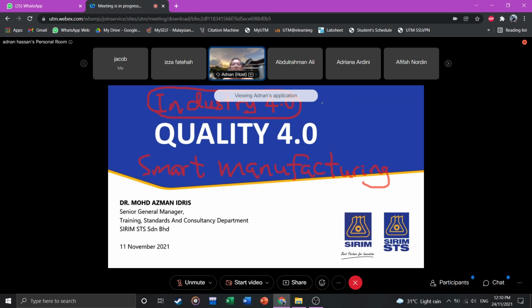So in parallel to that, we have quality. One of the function di dalam industri, dalam manufacturing. So quality 4.0 bermakna we use digital technology, internet technology, artificial intelligence dalam quality. Okay, so all what you learn now will be goes to computer, automation, smart system, yang penggunaan smart system untuk quality.